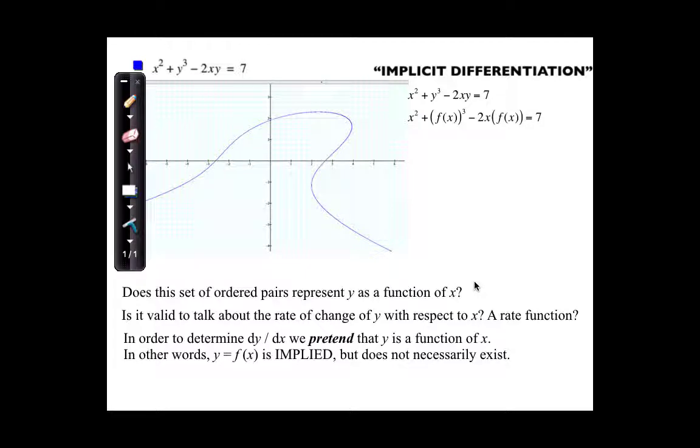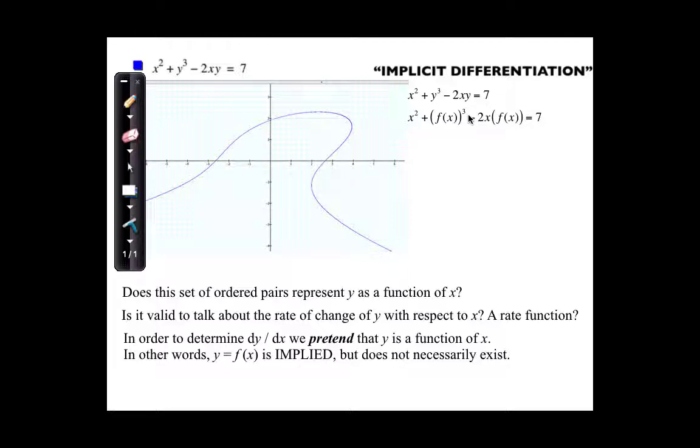But if I think about this, I've got this expression, and each individual term of this expression is something that we've taken derivatives of before. Now, normally we had an actual function written, like some whole formula cubed, as opposed to writing f of x cubed. But when we were talking about chain rule the first time, we talked about how to think of this whole inner function, call it f of x, and if I have to take the derivative of some whole formula to the third power, then we use chain rule.